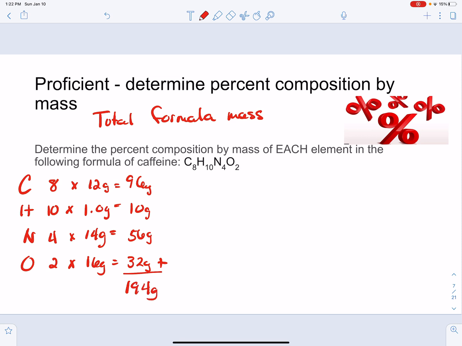Then I would divide the mass of each element by the total. Divide by 194 grams, and take all of those values times 100.